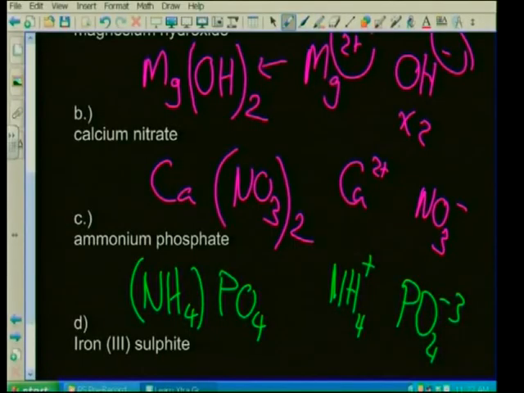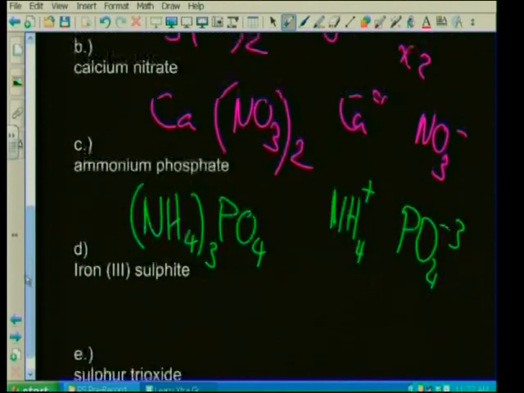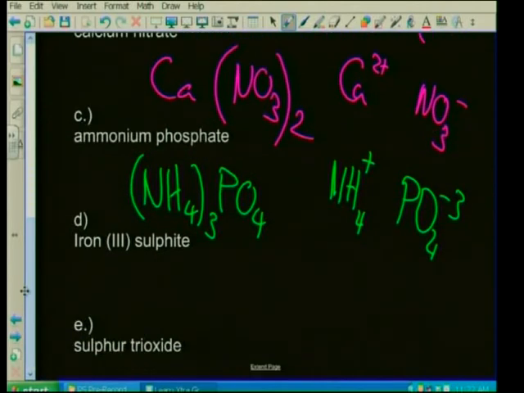So I'm going to need 3 positives, 3 ammoniums, and 1 phosphate. The ratio is 3:1. Law of constant proportion, constant composition, always the same. So when we write it, we're going to need 3 of the ammonium, in brackets 3, with 1 PO4. The ratio 3:1.